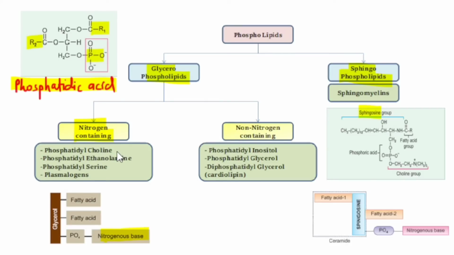If the nitrogen base is choline, it is called phosphatidyl choline, lecithin. If it is ethanolamine, then it is called phosphatidyl ethanolamine, meaning cephalin. If the nitrogenous base is serine, it is called phosphatidyl serine. And next is plasmalogens that we will see later on.